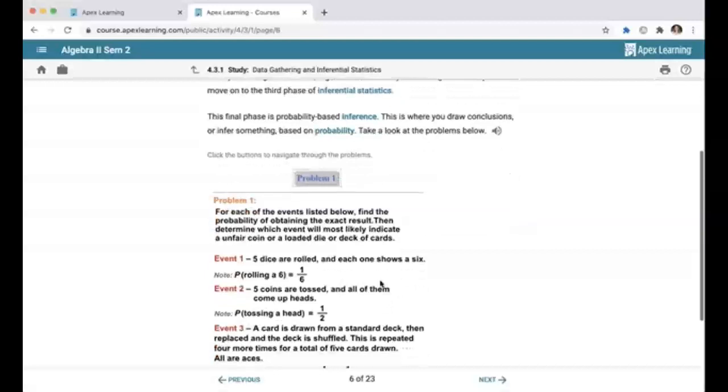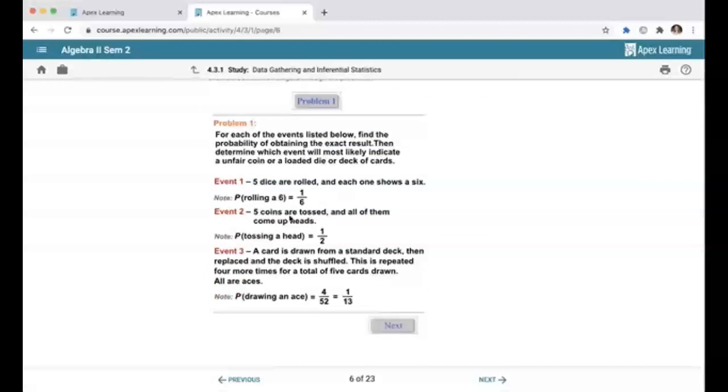So if we look here, for each of the events listed below, we're going to find the probability of attaining the exact result and determine which will most likely indicate an unfair coin or loaded dice or a stacked deck of cards.